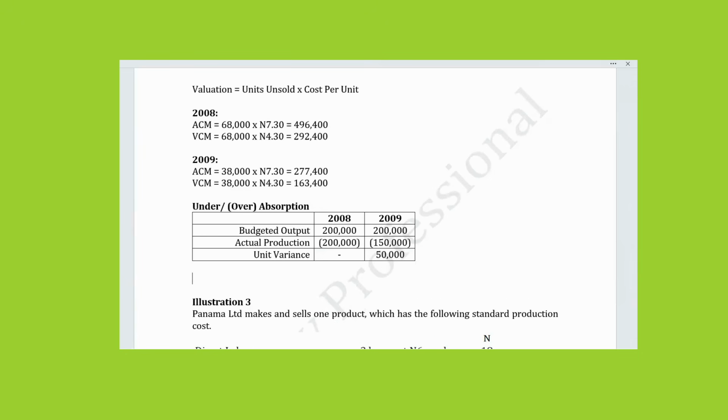So the next thing I need to do now is to determine my overhead absorbed to a product, which will be equal to the unit variance multiplied by the fixed overhead absorption rate.